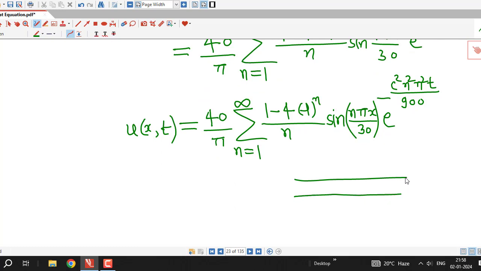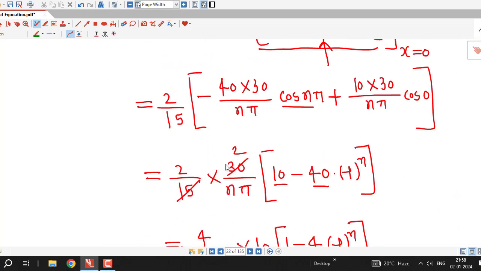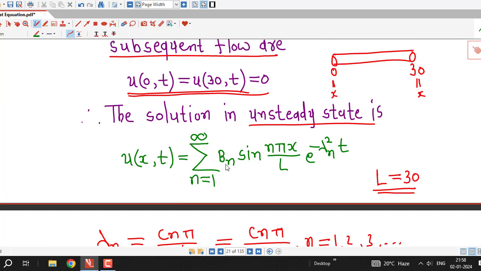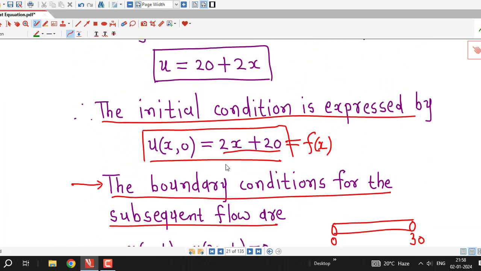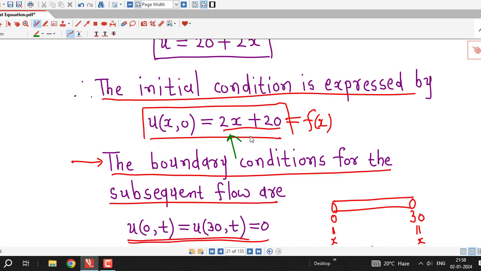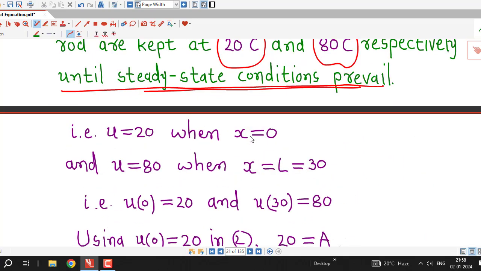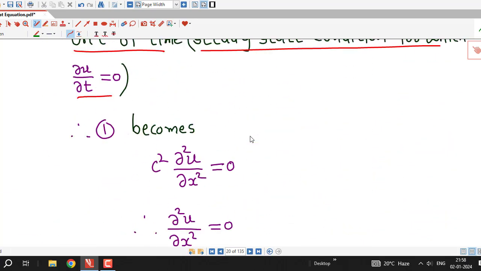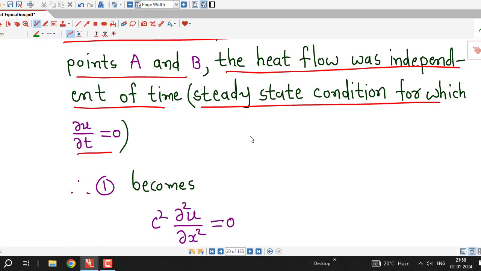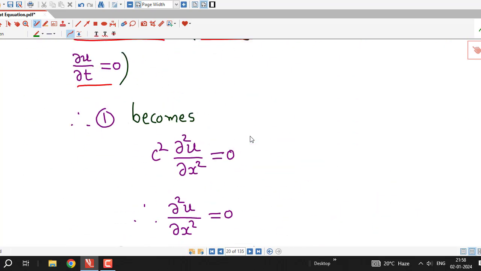We are asked to find the temperature at any point x comma t, and it is given by this formula. So this is a slightly different question. Here we are not given the initial condition directly, but we are given that during the steady state situation the temperature is given at both the ends.